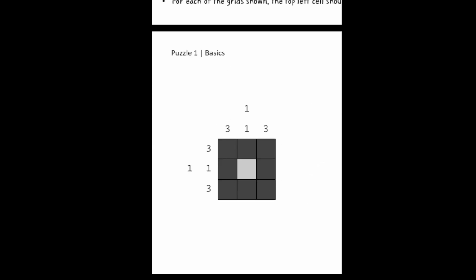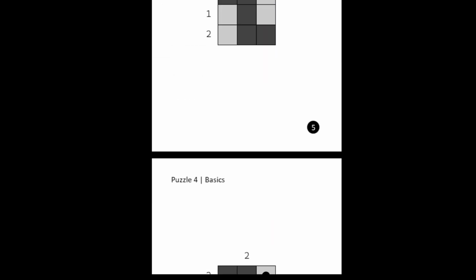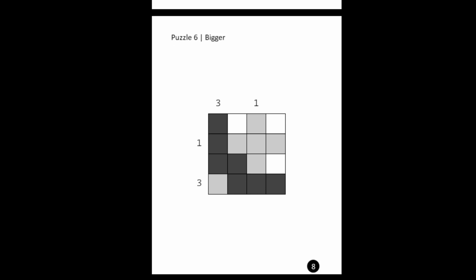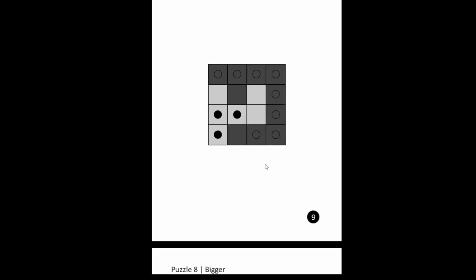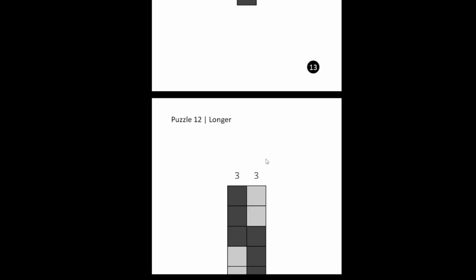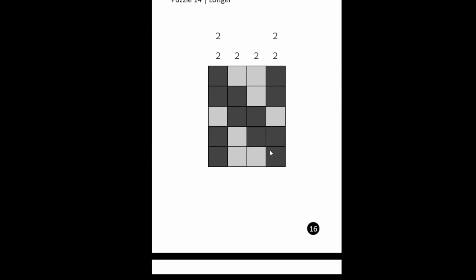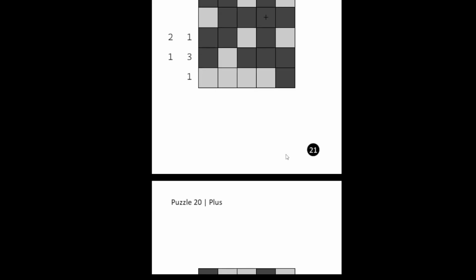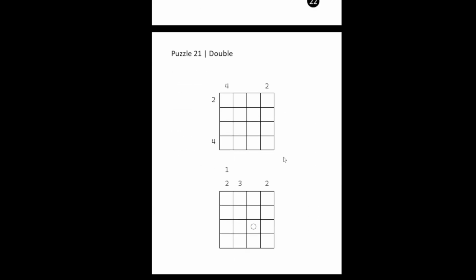We have to go back to the very first puzzle. That tells us we can have two paths. Okay, let's go back and fill out the other puzzles, by the way. Oh, okay, that was the only one. Great. Okay. Double.